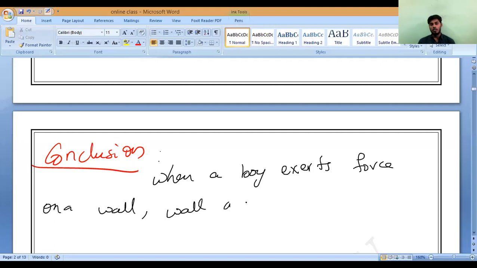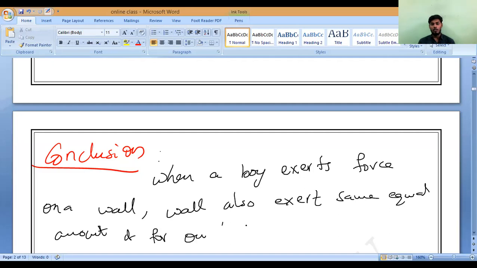The wall also exerts the same equal amount of force on the boy in the opposite direction.